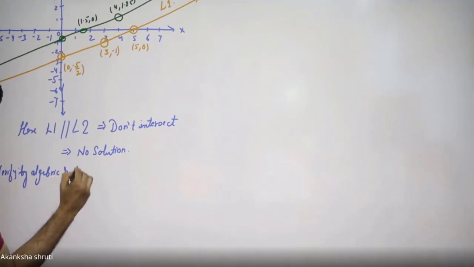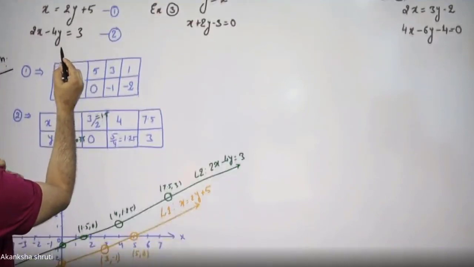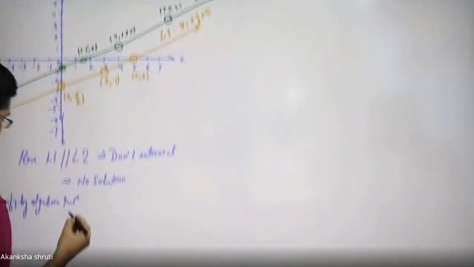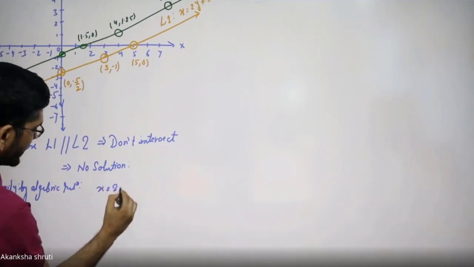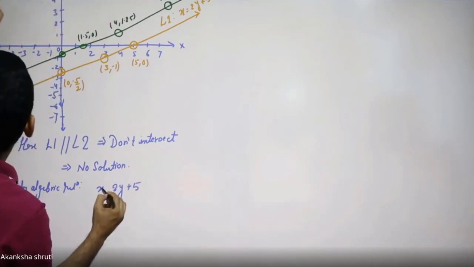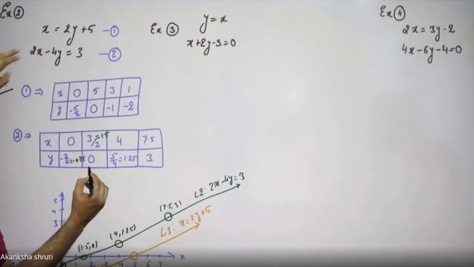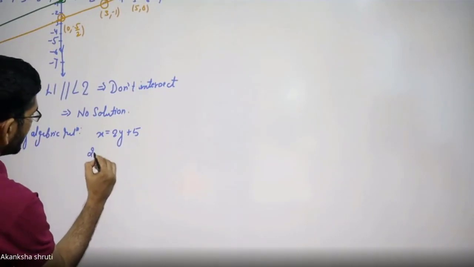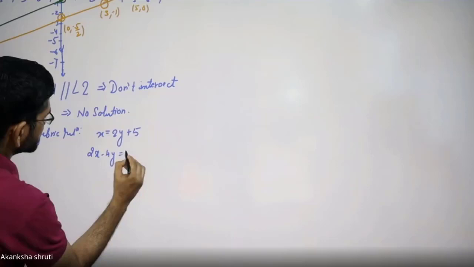Students, let me write our equations. x is equals to 2y plus 5, this is the first one. And the other one is 2x minus 4y is equals to 3.